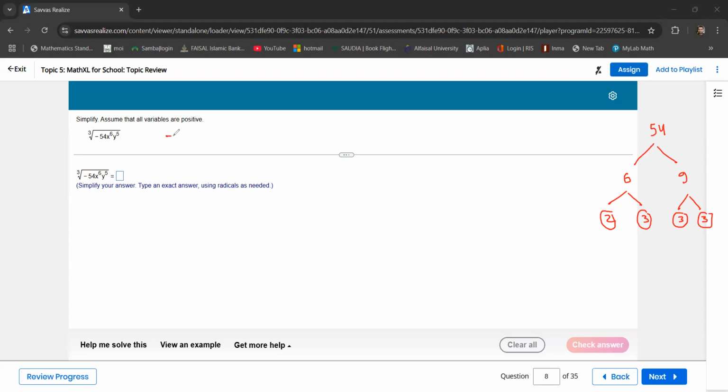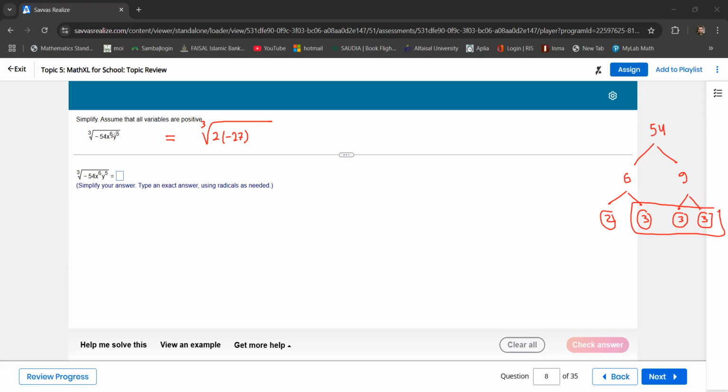So this is the first step. This is the cubic root of 2 times negative 27. I keep the negative with the 27 because we can take a cubic root of any negative cube number, like 3 to the power of 3.